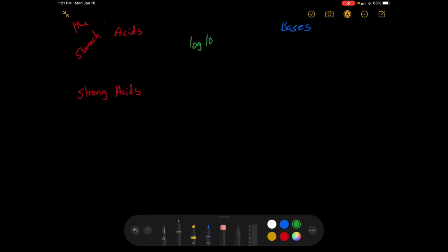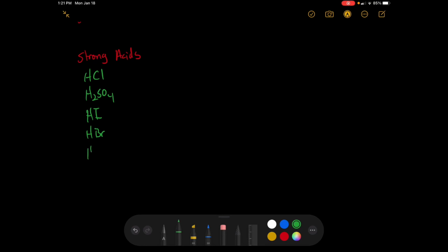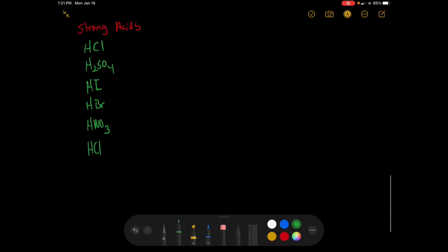A strong acid would be considered HCl, H2SO4, which is sulfuric acid, hydroiodic acid, which is HI, hydrobromic acid, HBr, nitric acid, HNO3, that is a supremely strong acid, and then HClO4, perchloric acid, my bad. These are your strong acids that you need to memorize.